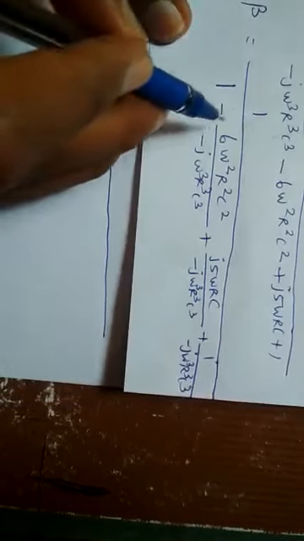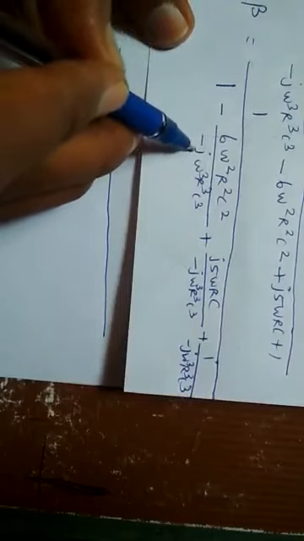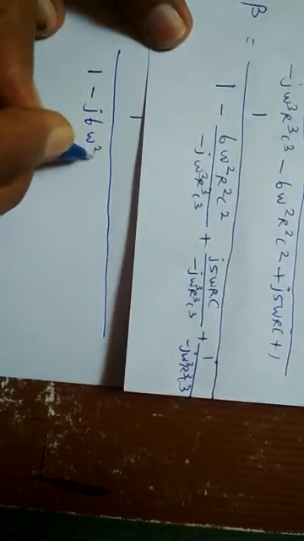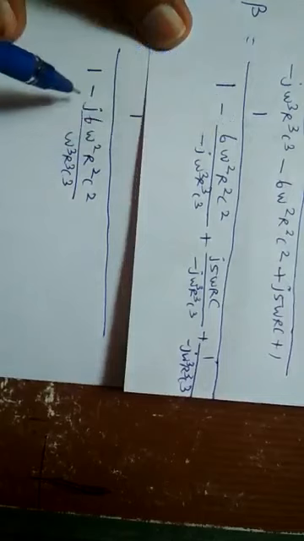Hence beta equals 1 by 1, here 1 by minus j is plus j, but already a minus is available, so minus j 6 omega squared R squared C squared by omega cube R cube C cube. Here I have moved minus j to the numerator, as plus j, already minus is available.